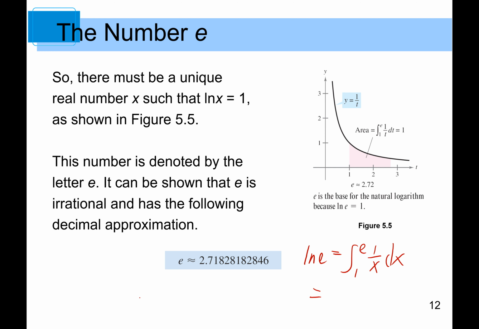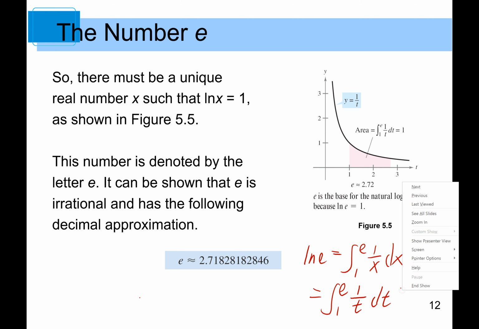If you rewrite it, it should be the definite integral from 1 to e of 1 over t dt. They're equivalent, so typically they use t as the variable to define the number e.